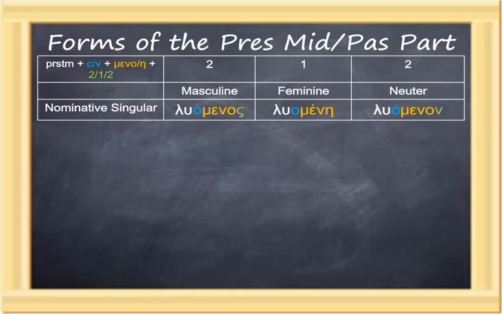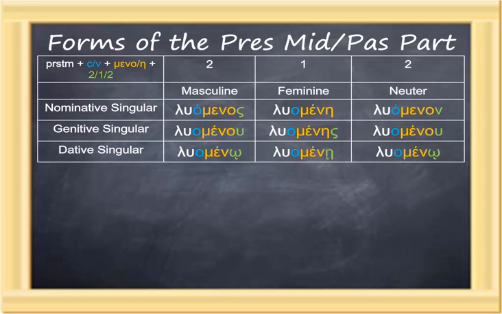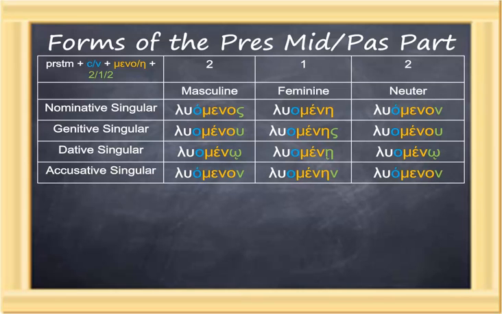Here is the nominative singular: luomenos, luomenē, luomenon. And one can clearly see the commonality with adjectives of the first and second declension. The genitive singular: luomenou, luomenēs, luomenou. The dative singular: luomenō, luomenē, luomenō. The accusative singular: luomenon, luomenēn, luomenon.